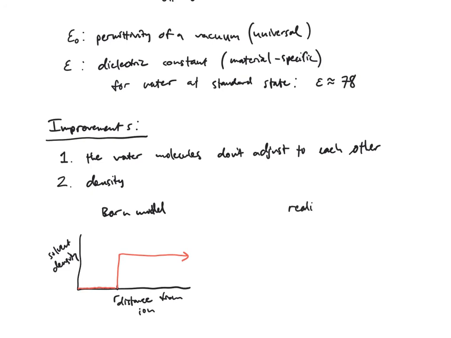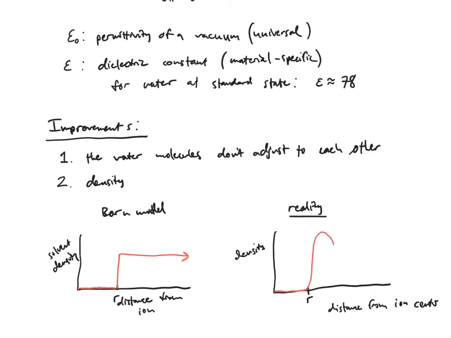But in reality, the way that solvents actually look around a solute, this is the same thing, distance from ion center. Over here we have density. Then it's 0 inside the ion, but then it will jump up like this and then actually kind of oscillate like this. That's how the density around an ion actually looks.